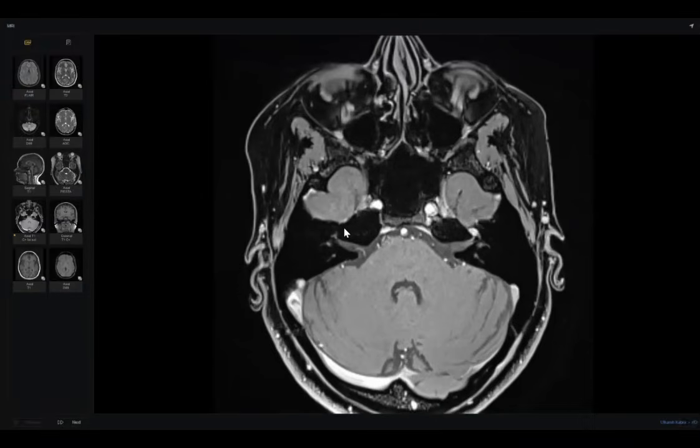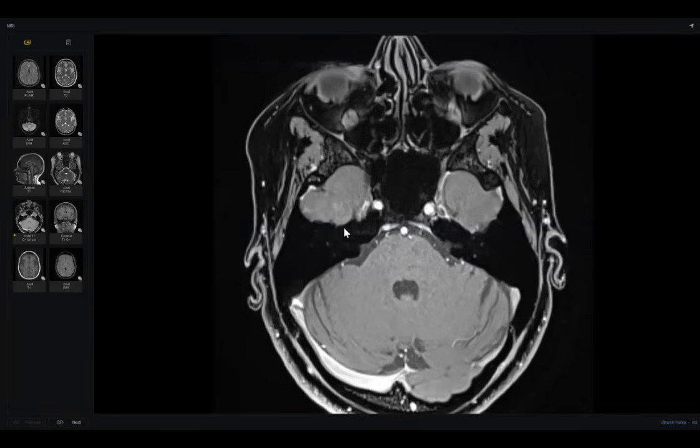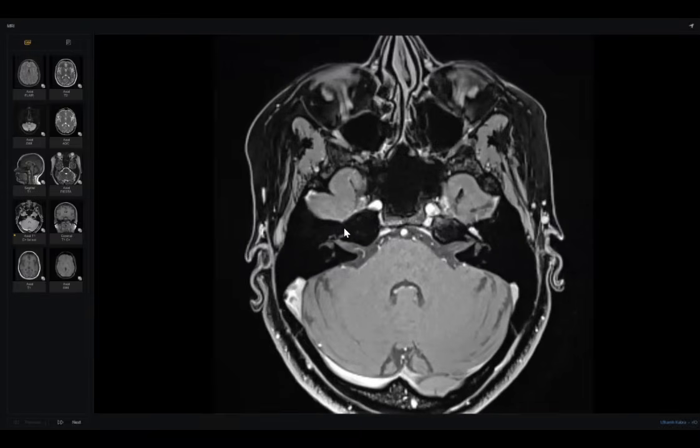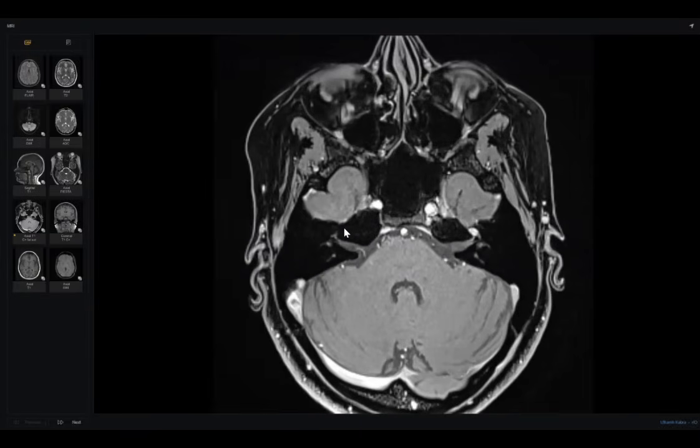did you find anything? Look here. Post contrast. Did you find anything at the left side? Compare right by left, please.